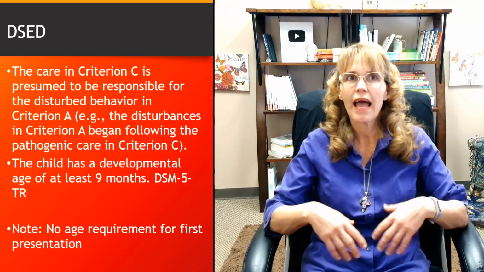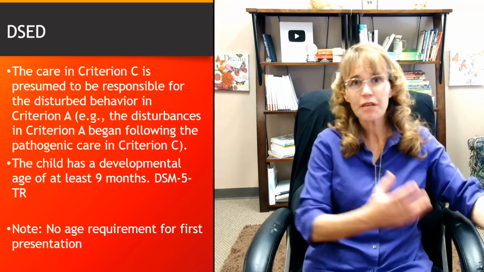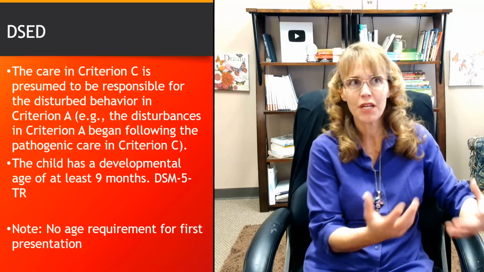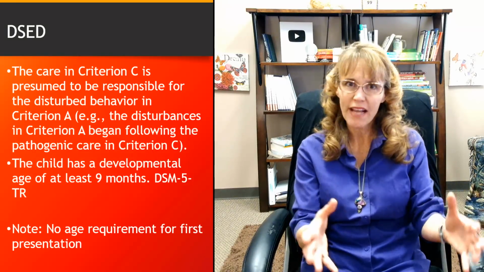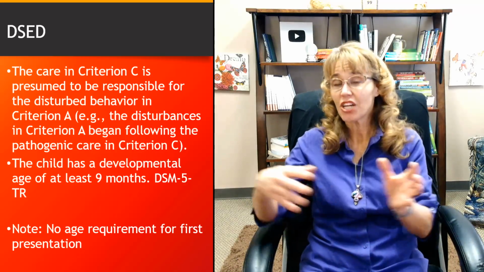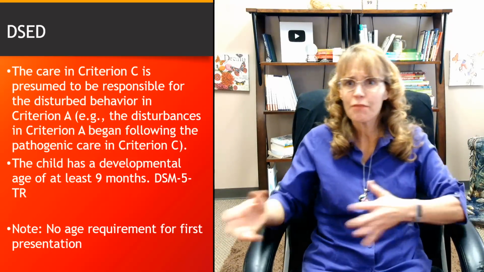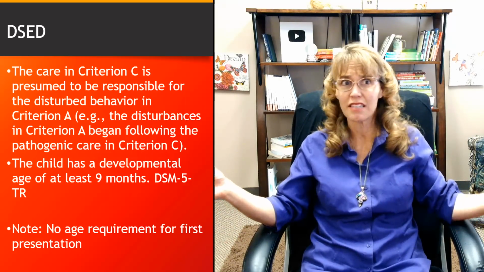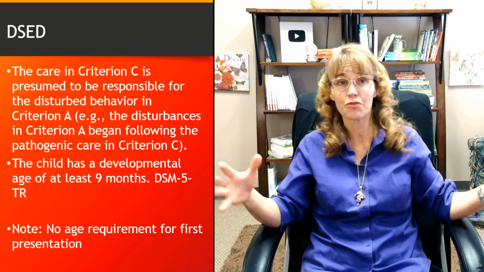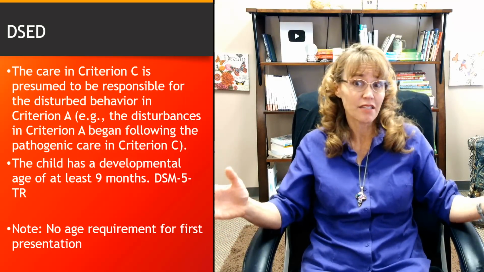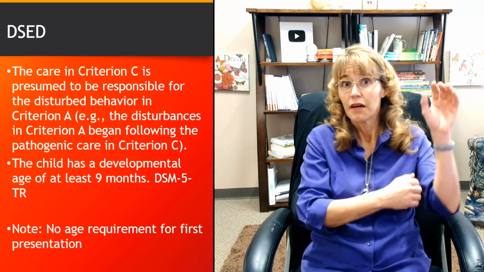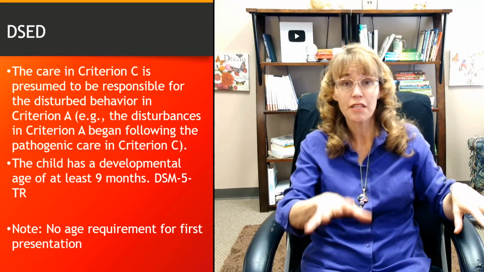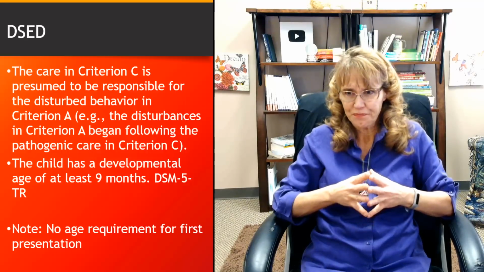If the child exhibits this disinhibited behavior, and then the caregiver corrects that behavior, and the child doesn't do it anymore, that's not disinhibited social engagement. That's just a kid pushing boundaries or being curious and not understanding sometimes. So we definitely want to see the neglect first, then the behavior as a reaction.